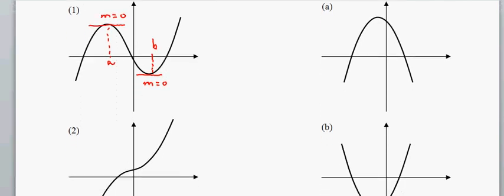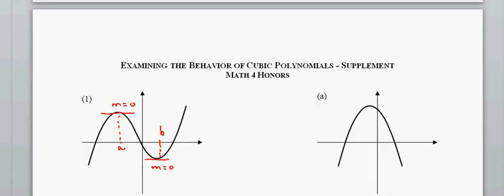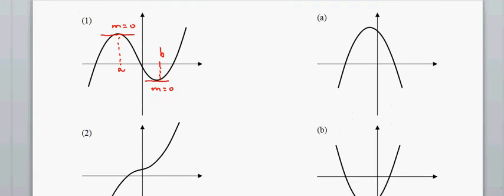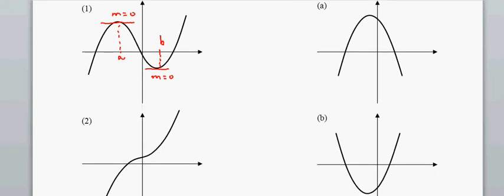Shrink down the screen a little bit. Both a and b seem to work well with this description. So which one is the derivative of the function in 1? Well, let's think a little bit about what this function is doing. From negative infinity to a, the function is increasing, which means its derivative, f prime, must be greater than 0. In this area, though, the function is decreasing, which means its derivative must be less than 0, and then a derivative greater than 0.